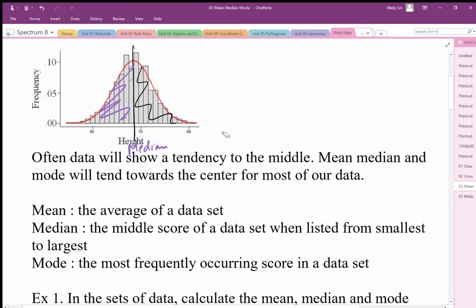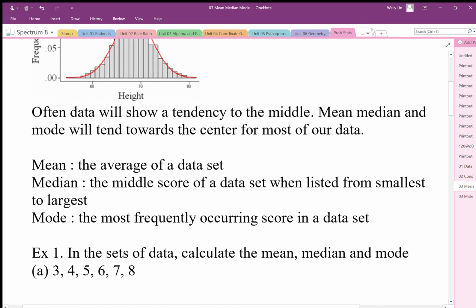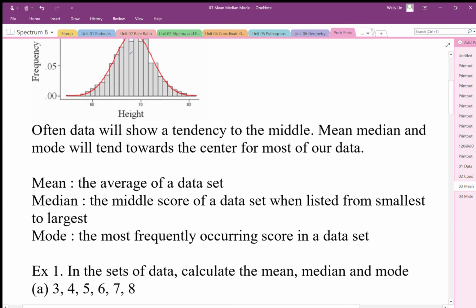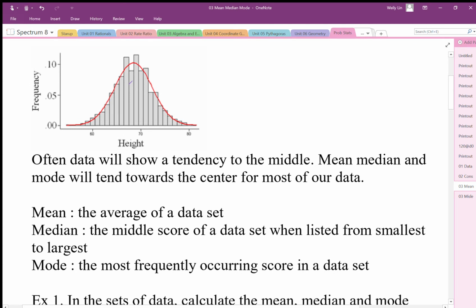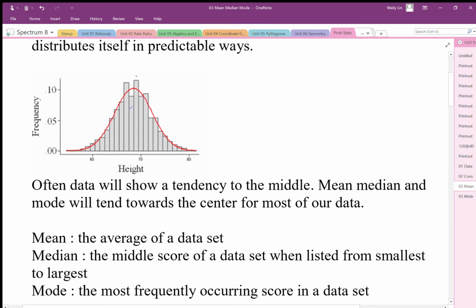The mode is the most frequently occurring score in the data set. Again, with normal data, that's usually in the middle. In a bar graph, the highest bar would end up being the mode.